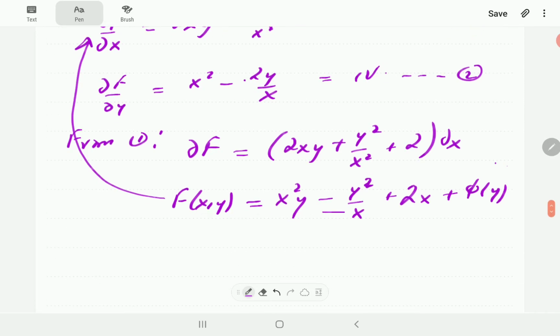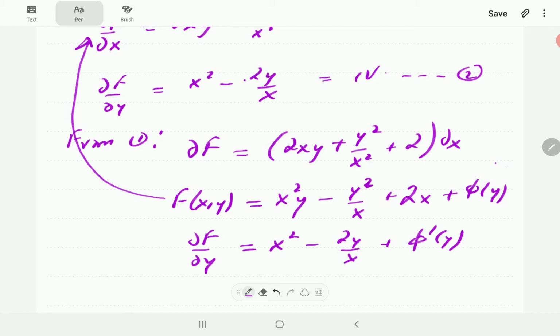Right, so that's that. Now, what we are going to do is then we're going to differentiate this now partially with respect to y. So if you do that, partial f partial y is going to be x squared minus 2y over x. This term vanishes. This one becomes phi prime because we are doing derivative with respect to y.